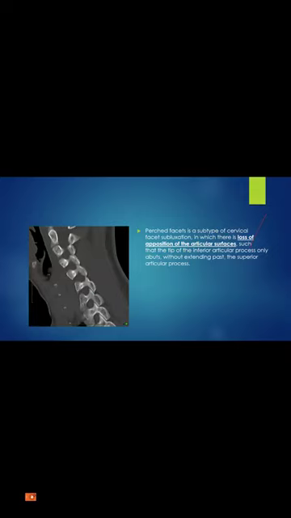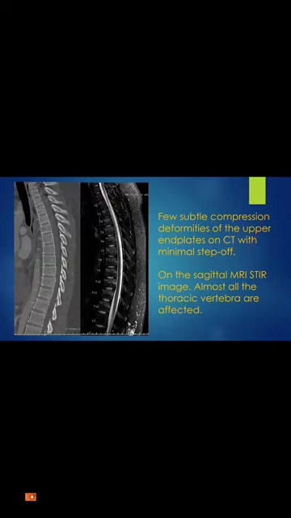And here is a jumped facet, as you see at 5-6. In this case, basically, I looked at the T-spine sagittal view on the CT, and I noticed a little bit of minimal compression deformities at multiple levels.